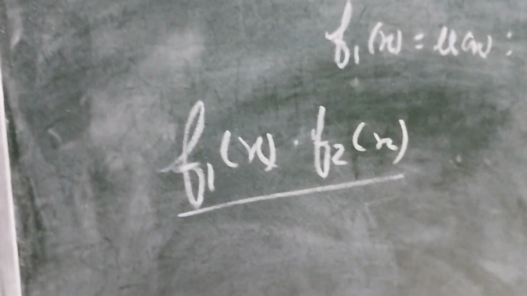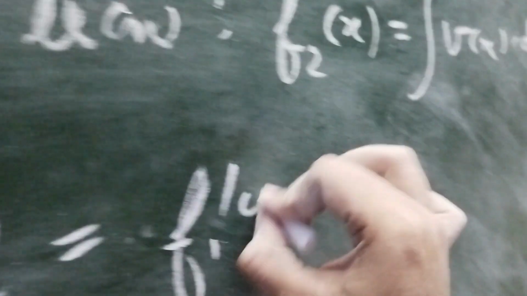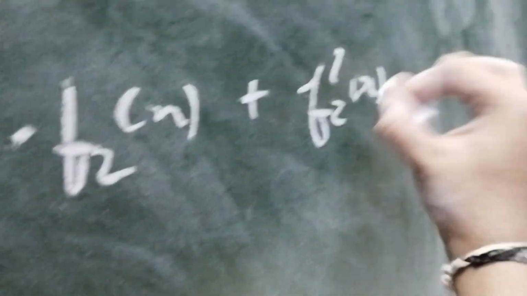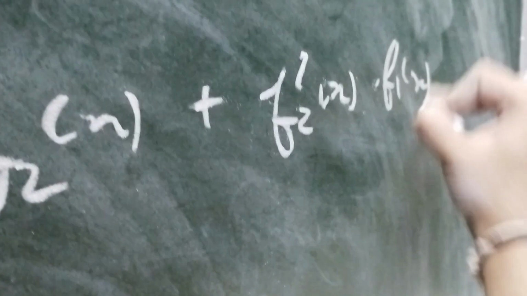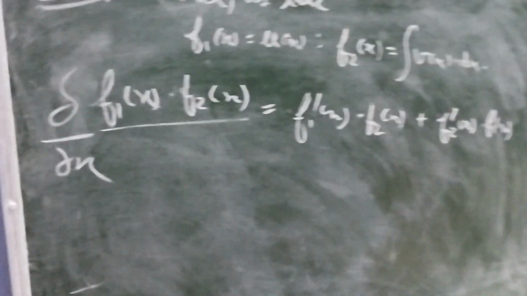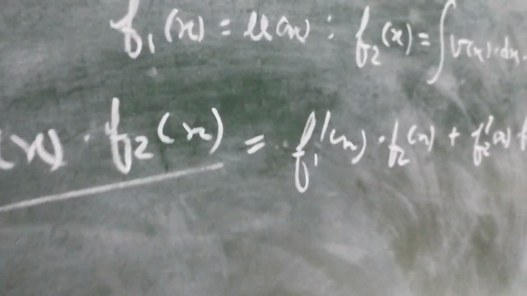So I am taking this composite function and differentiating it with respect to x. What is going to happen? First derivative multiplied by second, plus second derivative multiplied by first, right? This is the basic notion, known as the Leibniz rule. I hope you are well accustomed to this notion.